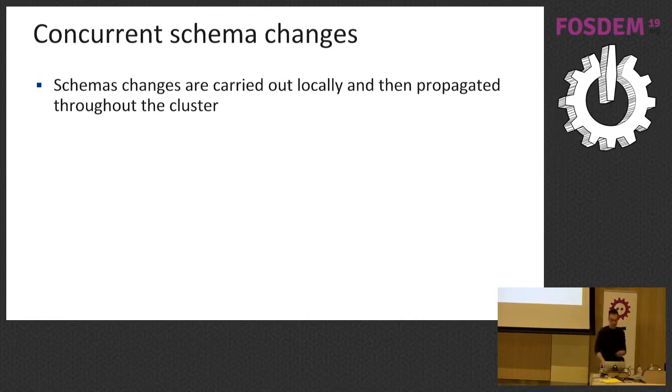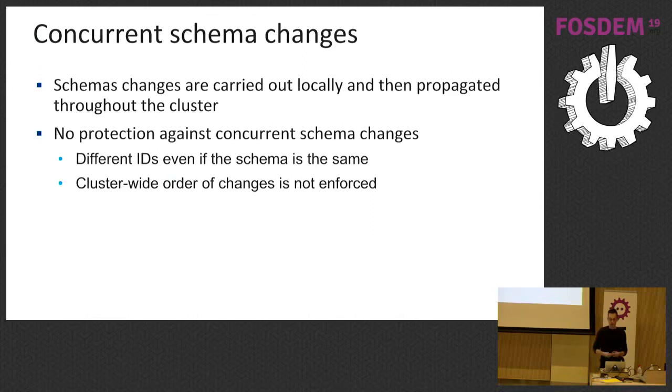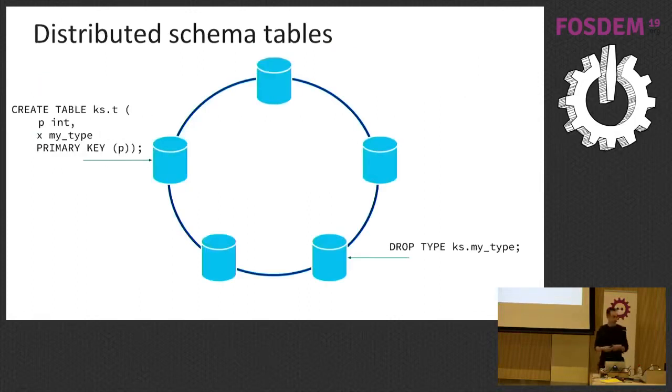This means that we don't have any protection against concurrent schema changes or changes that are done in incompatible orders. For example, if I'm trying to create a table on one side, and on the other side I'm trying to drop a user type that's used in that table, there's really no way to order these two operations. And because they are concurrent, there's really no way to provide a good error message to the user.